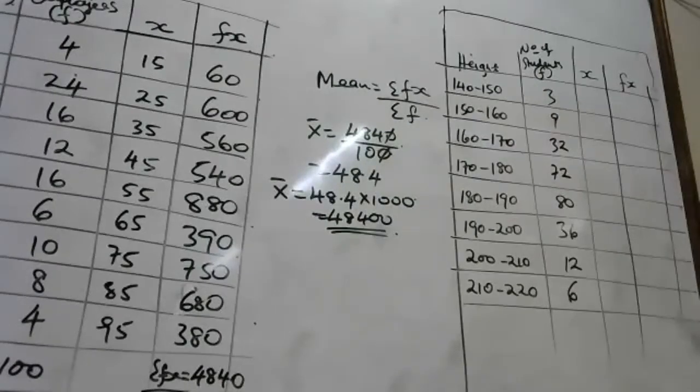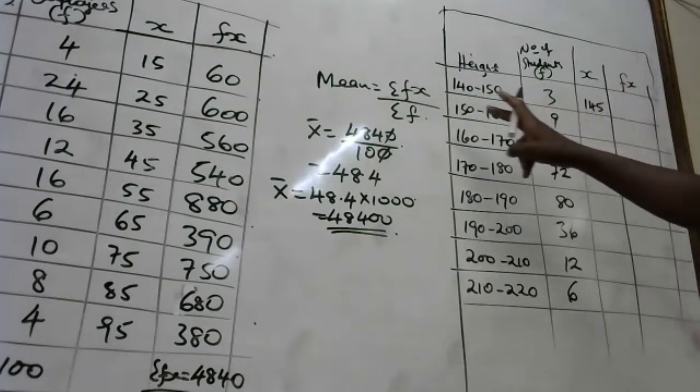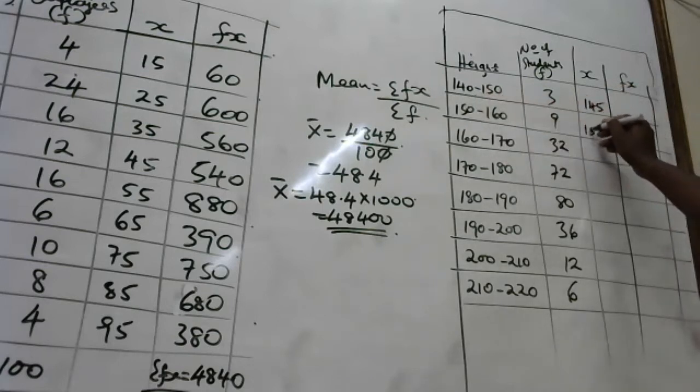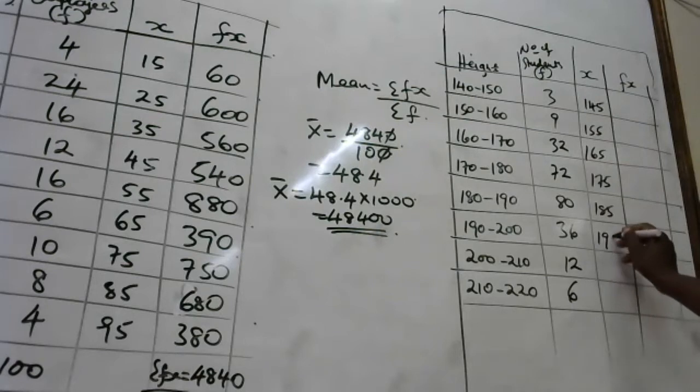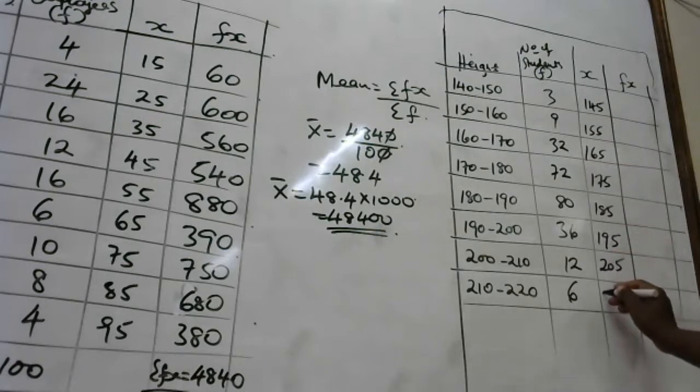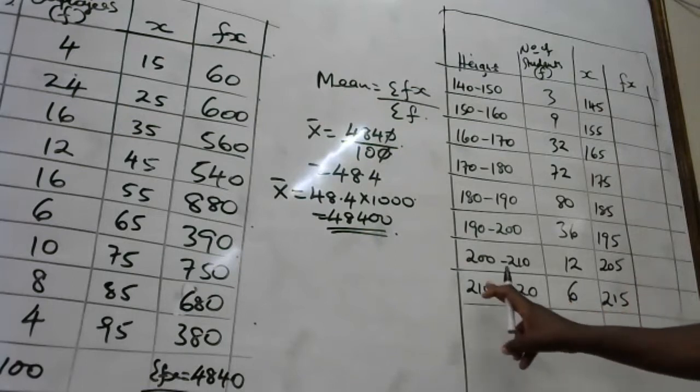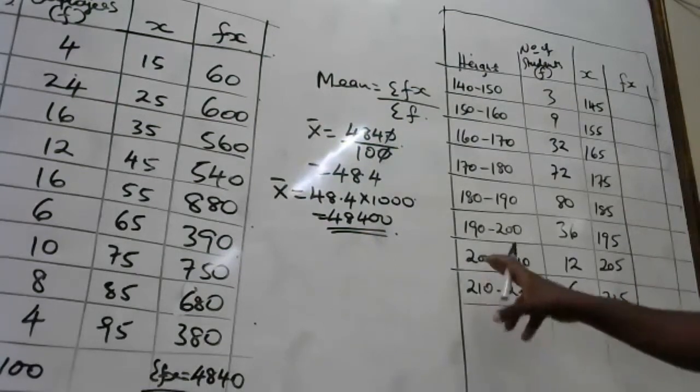That is 290 divided by 2, which is 145. Then 155, 165, 175, 185, 195, 205, 215.